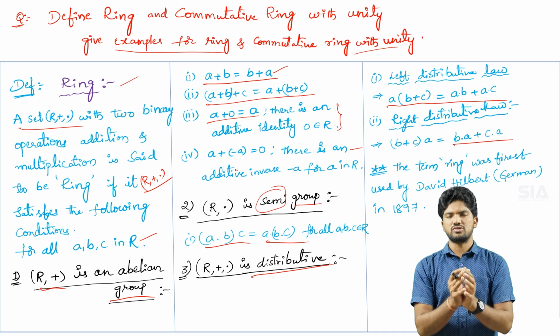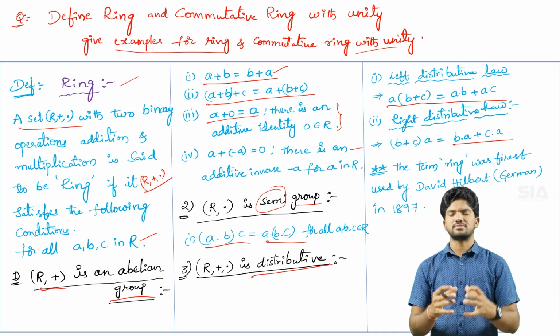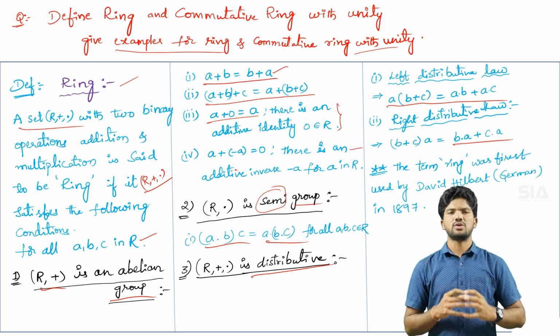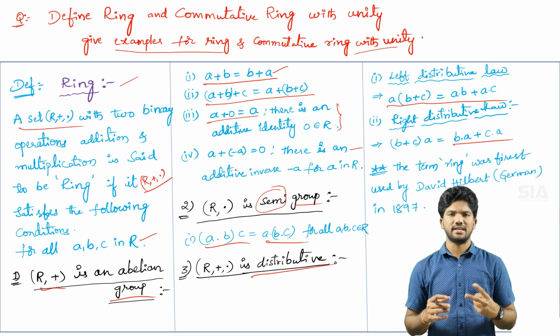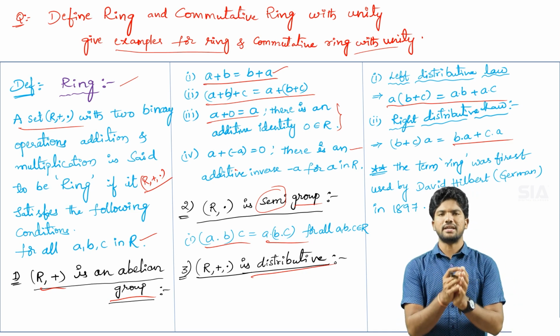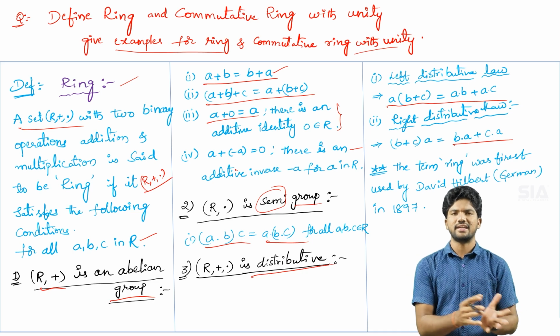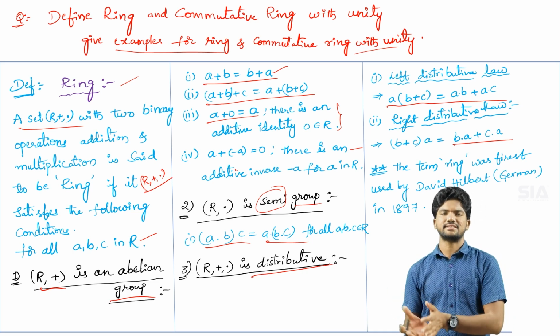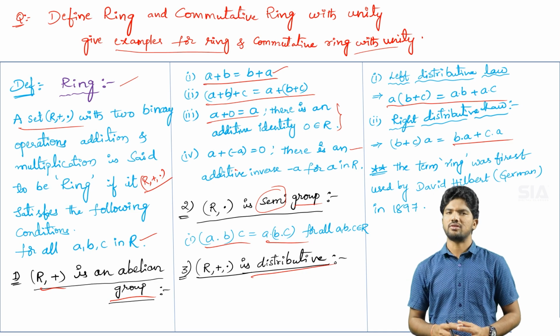Distributive laws have significance, because with these laws we can use two operations, addition and multiplication, simultaneously. If you multiply small a on the left side, it is called the left distributive law. If you multiply small a on the right side, it is called the right distributive law.